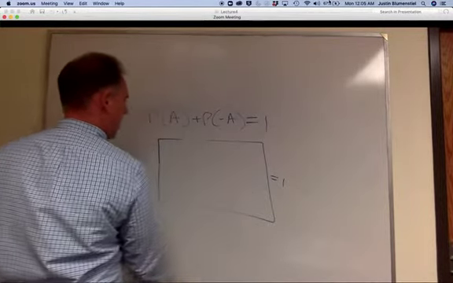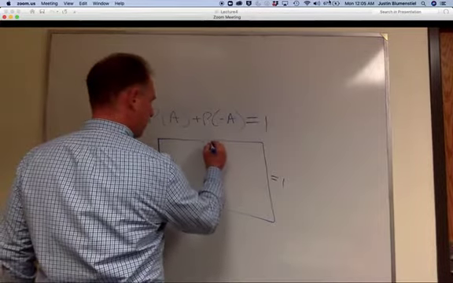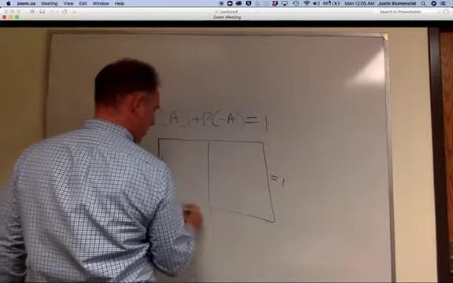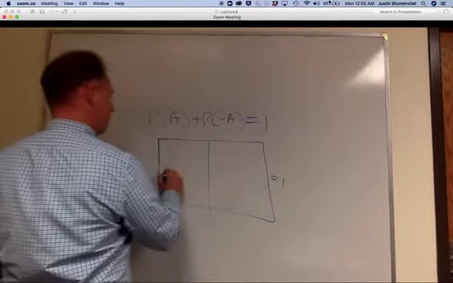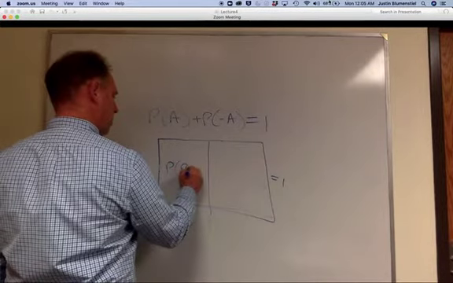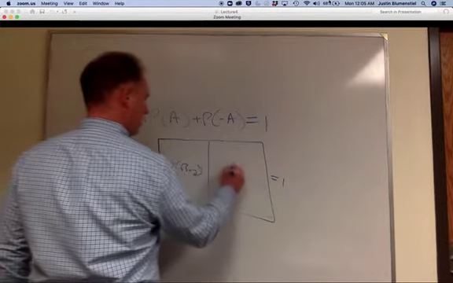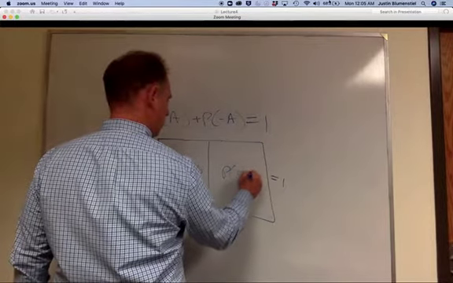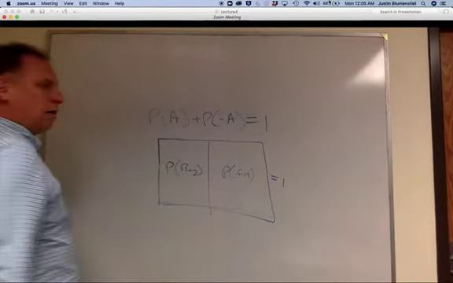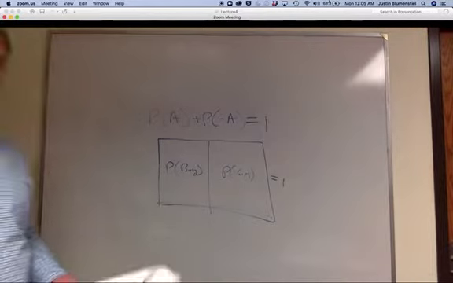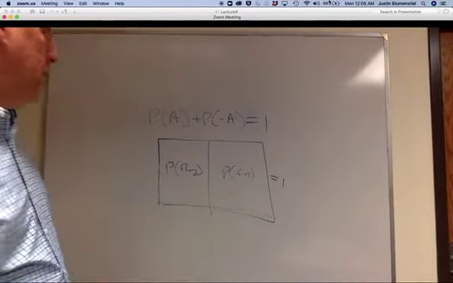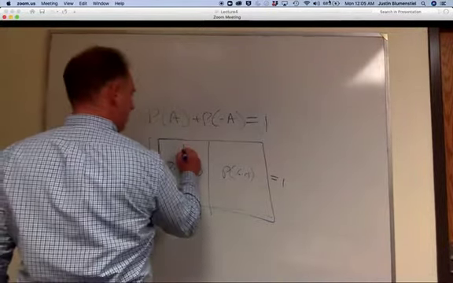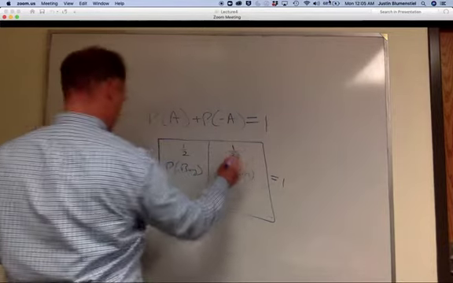For a given family, just the first child, the probability that the first child is a boy, and this is the probability that the first child is a girl. In this particular case, we've broken up the world where all of the outcomes equal 1 into 1/2 and 1/2.